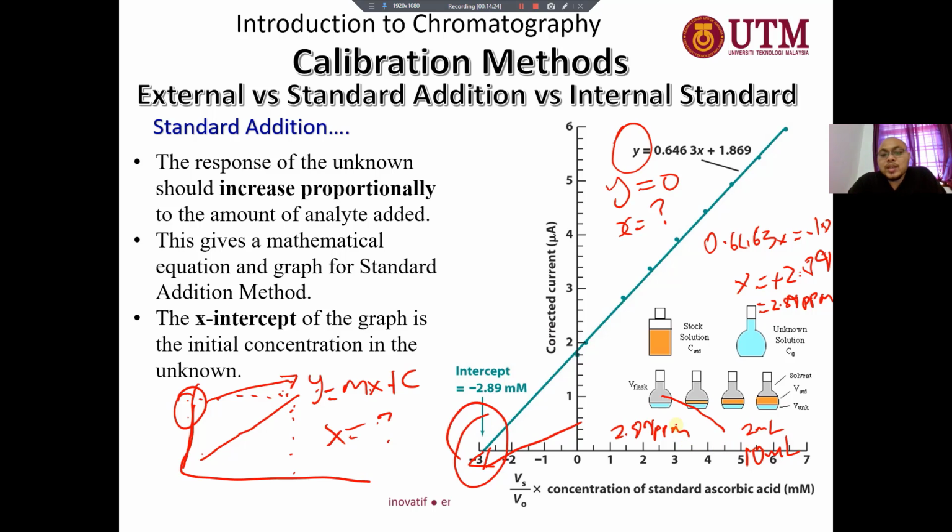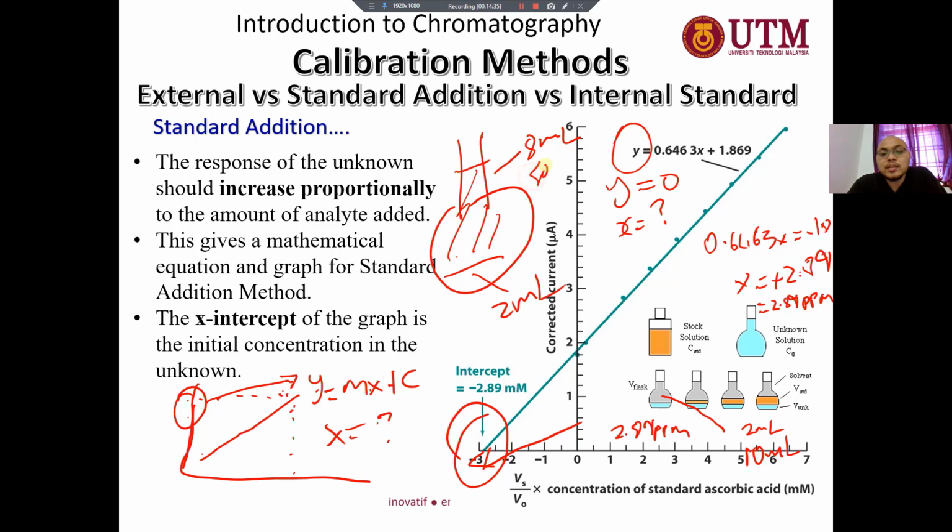So we add 2 mL of our unknown solution with 8 mL of solvent, so totally it becomes 10 mL. So 10 mL divided by the initial volume 2 mL is a 5 times dilution. Your sample is already diluted 5 times, so whatever value you have here, you need to multiply by 5.